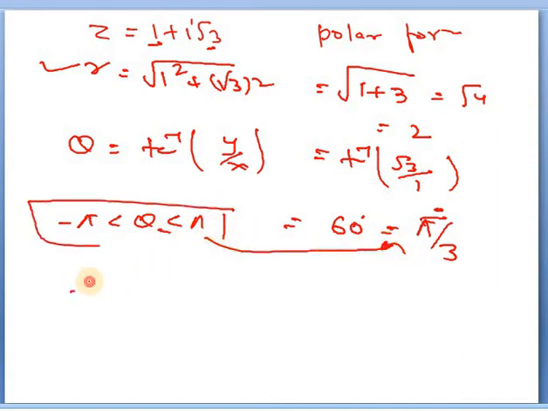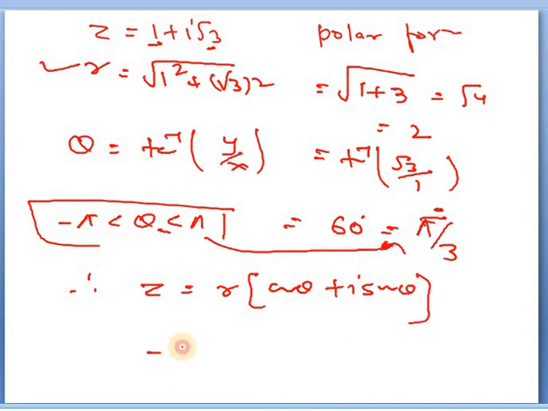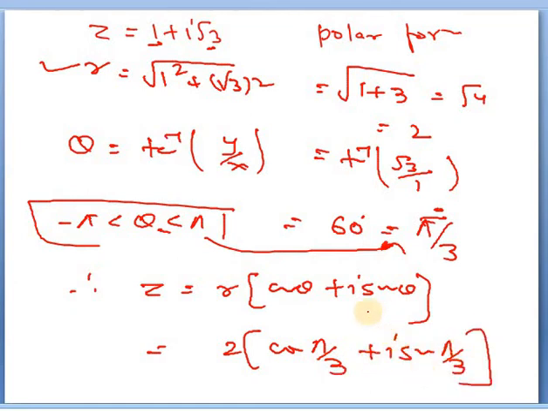Therefore we have r and theta. How can we represent it? z is equal to r times cos theta plus i sin theta, so with r equal to 2, z is 2 times cos pi upon 3 plus i sin pi upon 3. This is how we can represent a question or anything in polar coordinates.